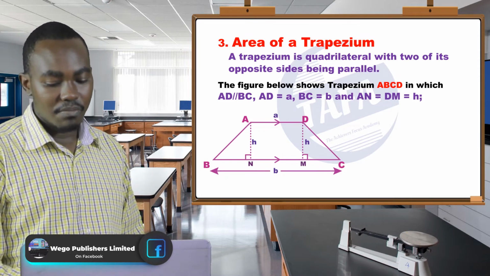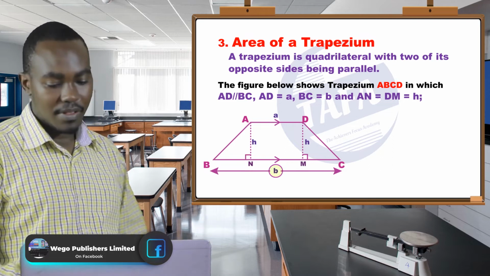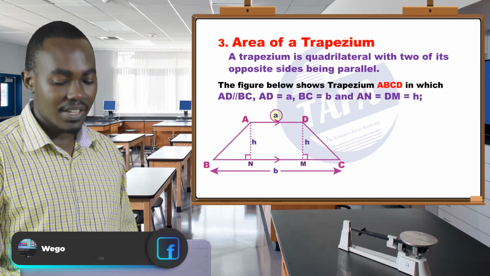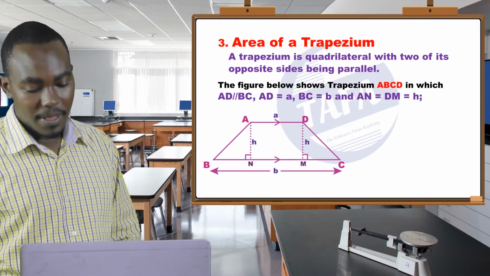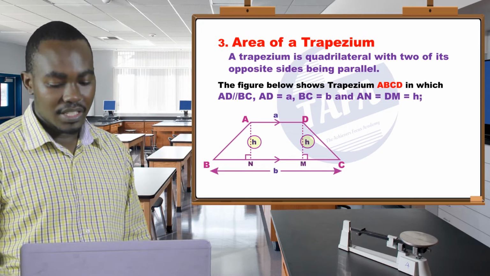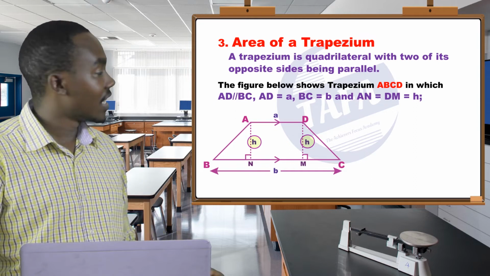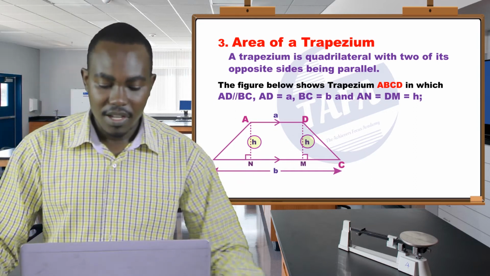The distance from B to C is given as B, distance from A to D is given as A. Then DM is equal to AN, which is the height or the distance between the two parallel sides.